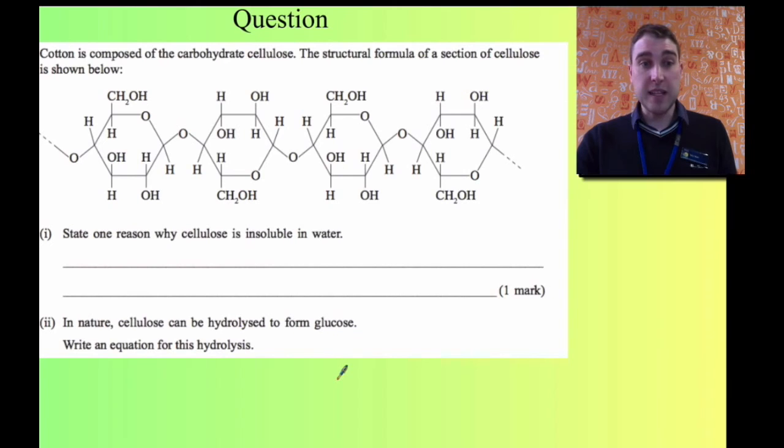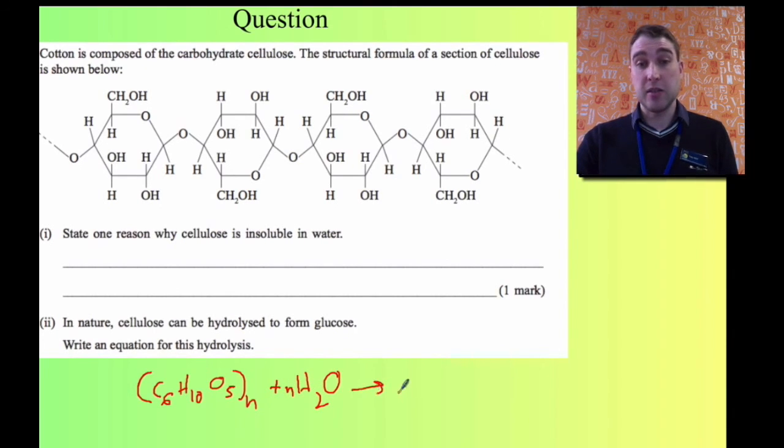The next bit says, in nature cellulose can be hydrolyzed to form glucose. Write an equation for this hydrolysis. We need to start with our general formula for a polysaccharide that's based on glucose. We had it before: C6H10O5 to the n. Now we're hydrolyzing it, which means we're adding in water. The number of waters we need to add is going to be n.